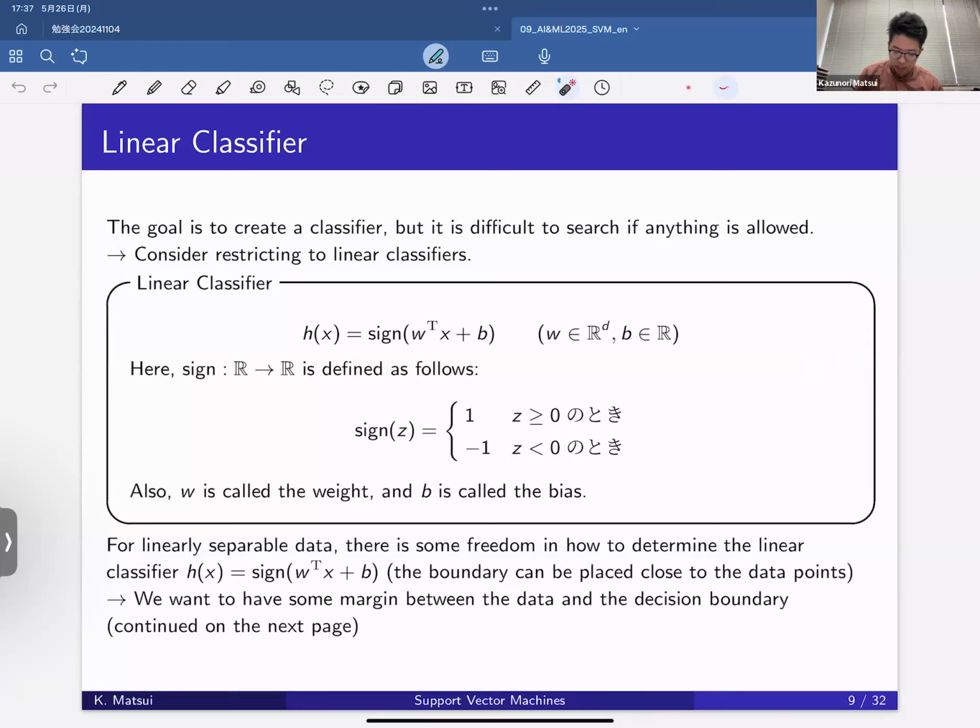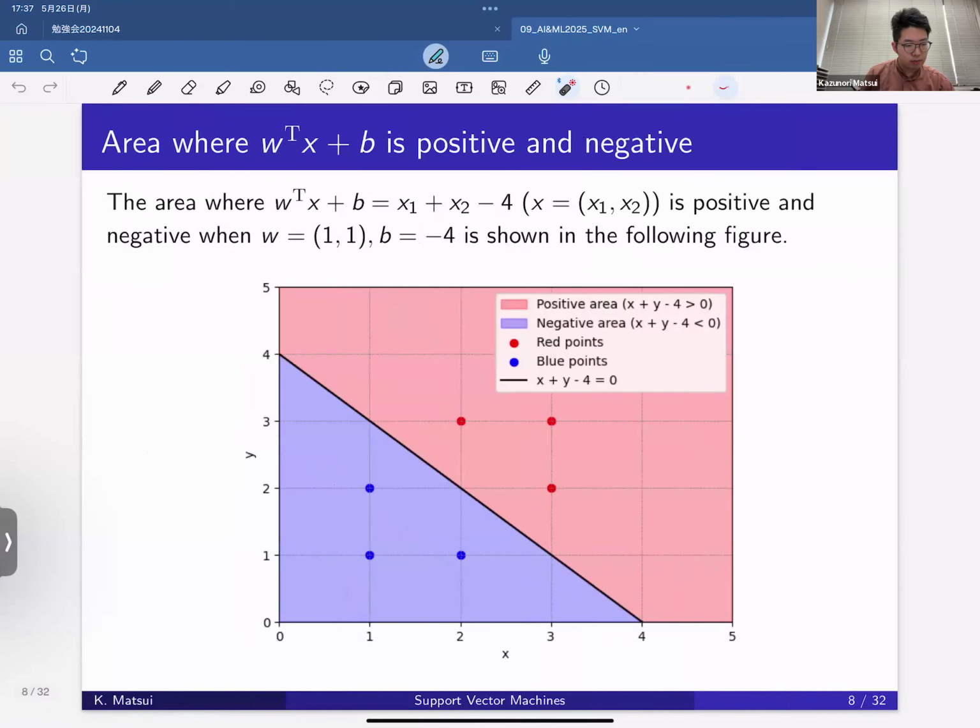If we define h by sign of wx plus b, this sign function returns 1 when positive and minus 1 when negative. So it becomes 1 in the red part and minus 1 in the blue part.